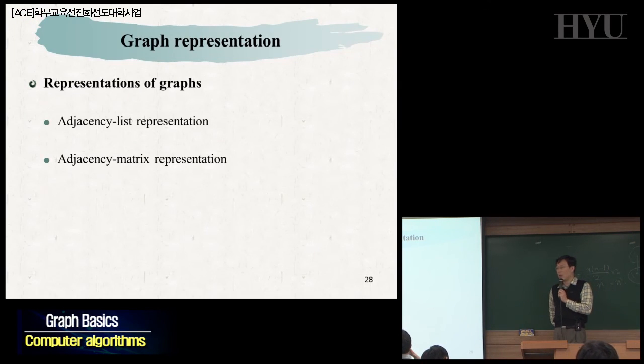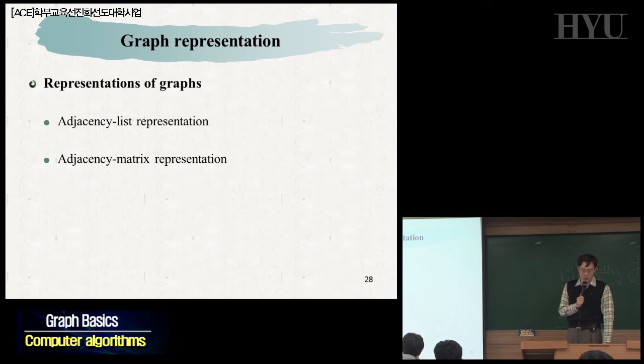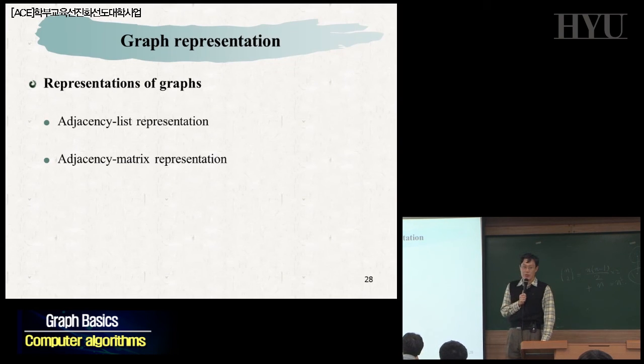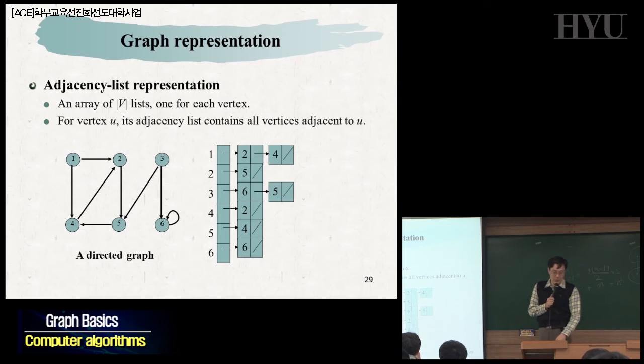From now on, I will explain graph representations. There are two famous representations: adjacency list representation and adjacency matrix representation. This is the adjacency list representation. Look at this.